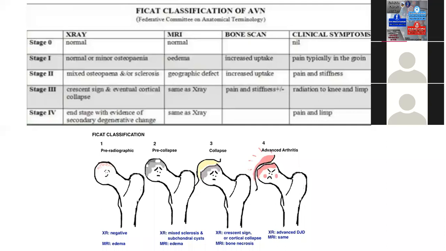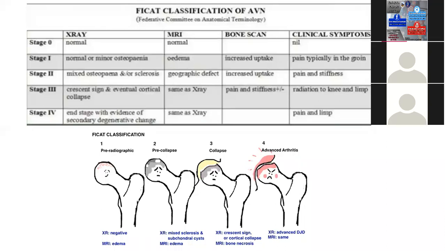In the FICAT classification, from the Federal Committee for Orthopaedic Imaging, we start with the pre-radiographic stage, which can be positive on MRI by the edema, and also the pre-collapse stage. The second one has mixed sclerosis and subchondral cysts that can be seen in digital radiography or CT.